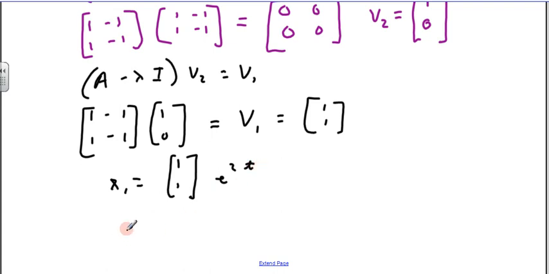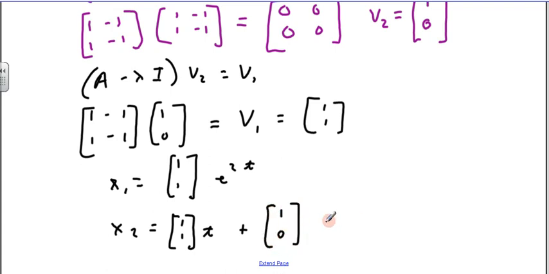And I've got x2, which is going to be v1, which is 1, 1, t plus v2, 1, 0, and I'll put e to the 2t.